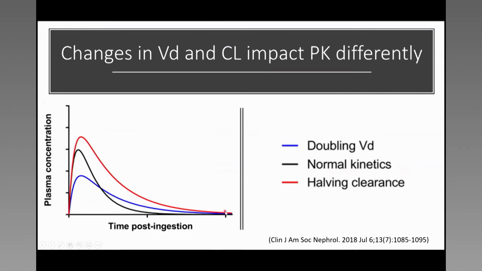If we contrast that to patients who have a doubling of their volume of distribution, we get what we see in the blue line, whereby the concentration, the Cmax, won't be as high because there's a relative dilution. It's got more volume to distribute across. And again, the half-life of elimination is long. So these are the differences exerted by those two changes in pharmacokinetics.